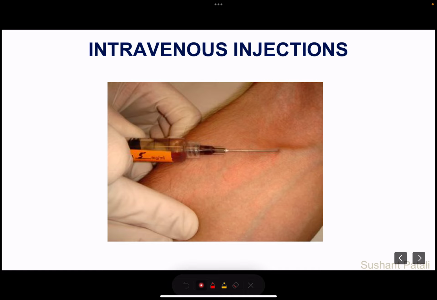It's very easy to identify this vein, and also this vein is relatively fixed because the bicipital aponeurosis fixes it, and it separates this vein from the brachial artery, which lies deep to the bicipital aponeurosis. So this is the vein of choice, the median cubital vein. One, it is easily found and it is fixed by the bicipital aponeurosis. So when you try to puncture this vein, it does not move.